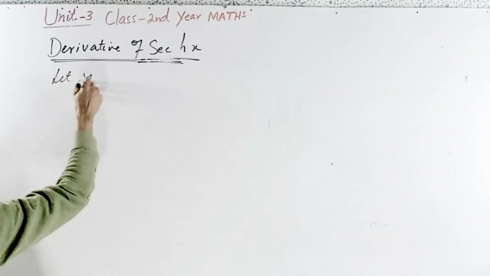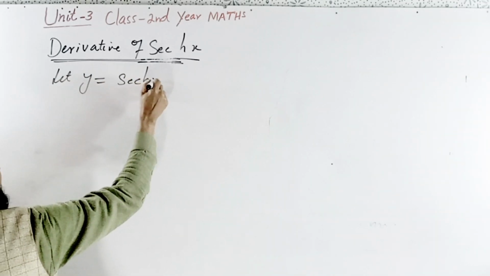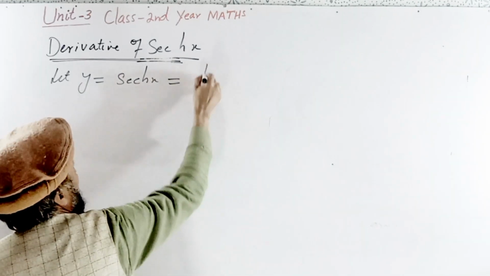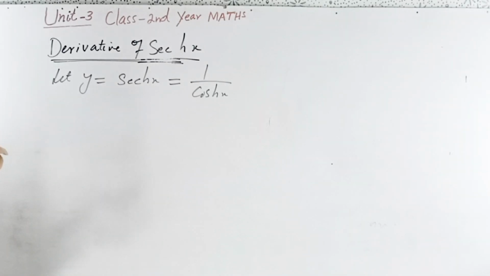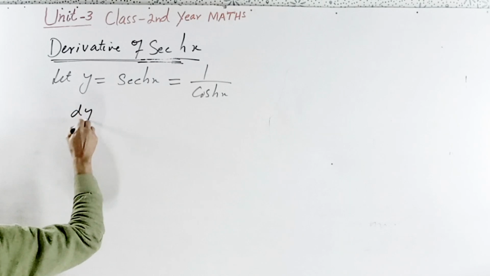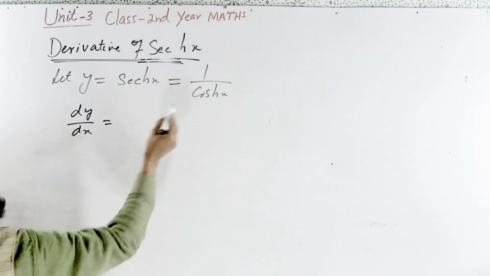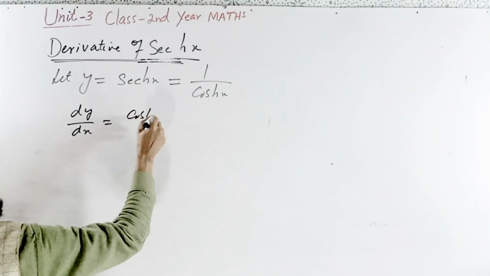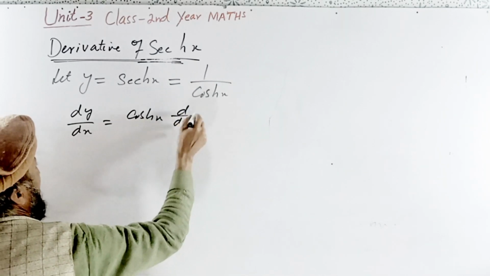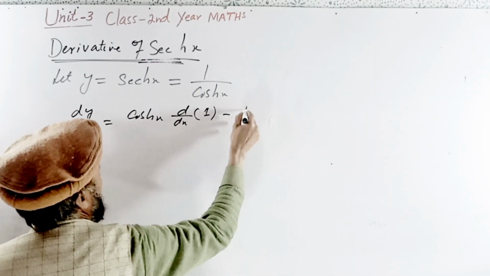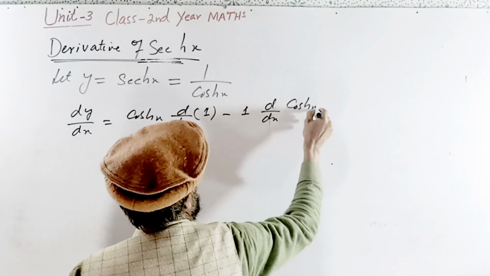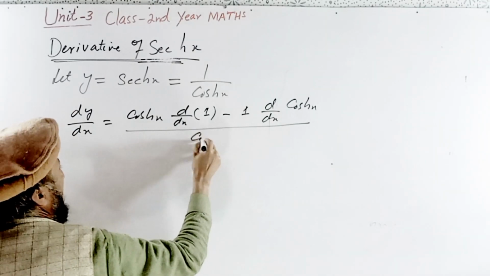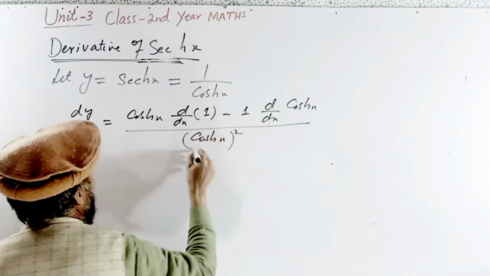Now secant hyperbolic x. Let y equal secant hyperbolic x. Secant hyperbolic is equal to 1 over cos hyperbolic x. Now we are using the division rule. According to the quotient rule, dy by dx is equal to cos hyperbolic x times the derivative of the constant 1, minus 1 times the derivative of cos hyperbolic x, divided by cos hyperbolic x whole square.